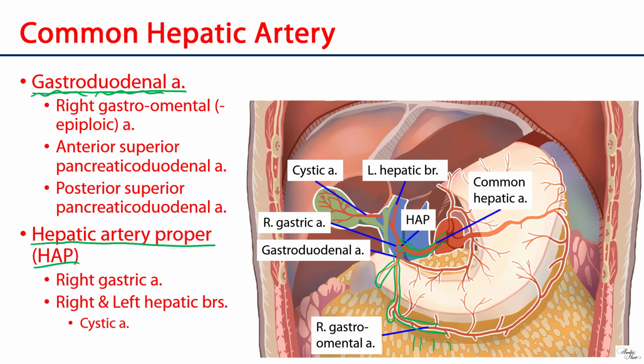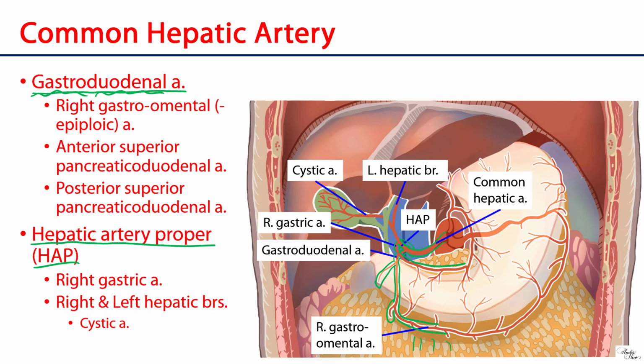The other major branch of the common hepatic artery, the hepatic artery proper, which we can see here, has a couple of branches. So we've already discussed the right gastric artery. That right gastric artery doubles back along the lesser curvature of the stomach.